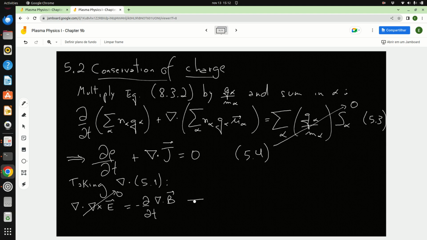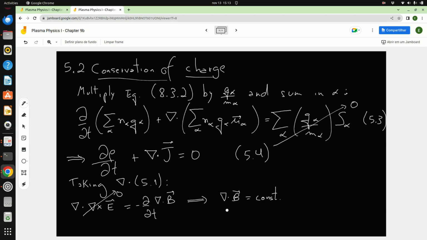So since this is 0, we have also that if the time derivative of the divergence of B is 0, then it means that the divergence of B is constant. Of course, if you start with divergence of B equal to 0, which is the Gauss law, then it will stay 0 forever.